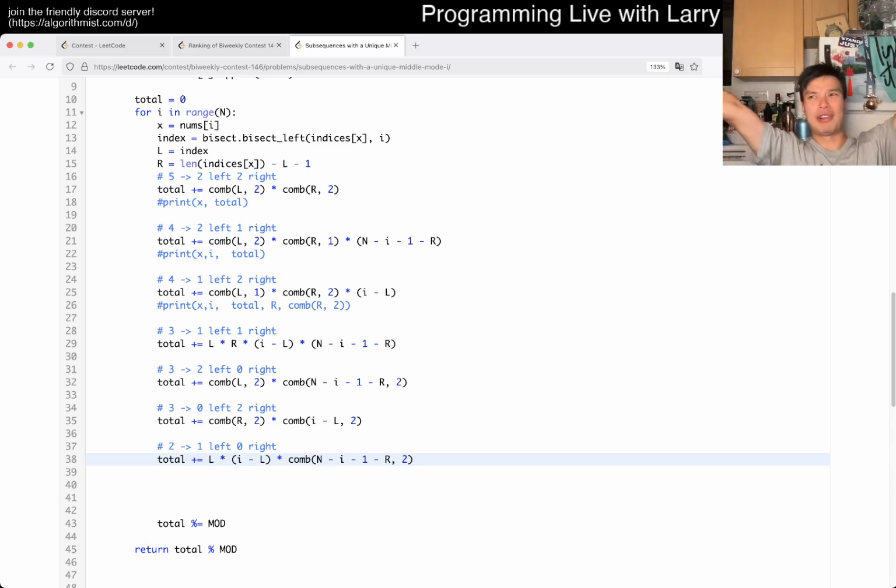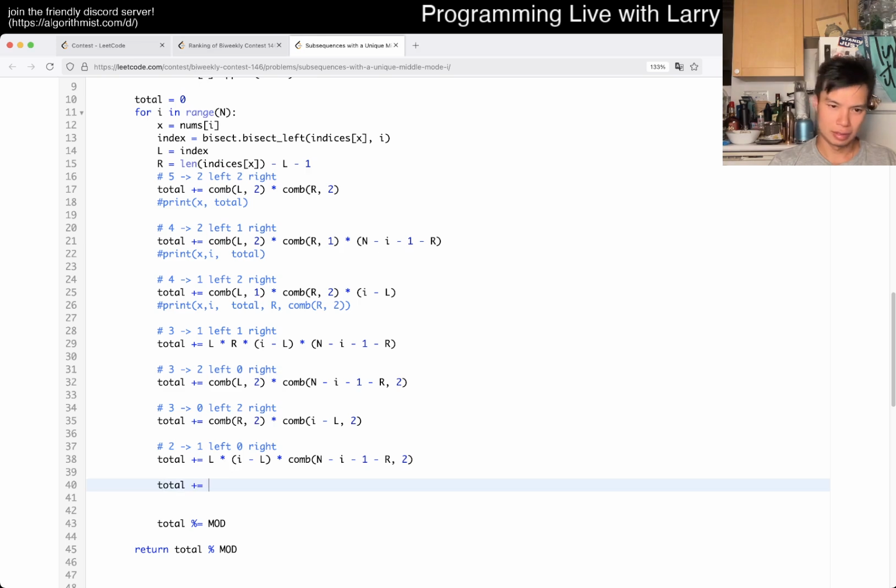And then we just have to subtract it out, I think. Okay, fine. And then the right side, it's gonna be right side. Something like this, right?